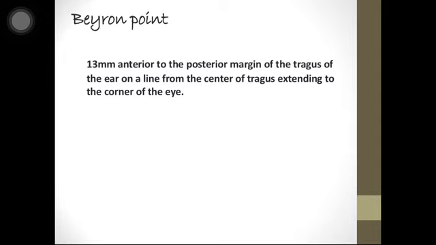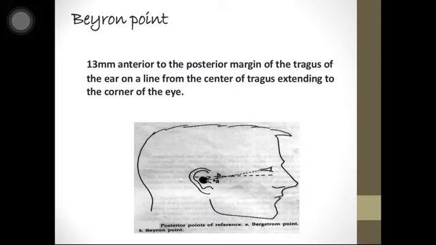Now there is Beyron's point, which is 13 mm anterior to the posterior margin of the tragus of the ear on the line from the center of the tragus extending to the corner of the eye. This Beyron's point is basically used in arbitrary face bow, so we don't have to go into all the fuss that is needed to record the exact hinge axis of that patient.